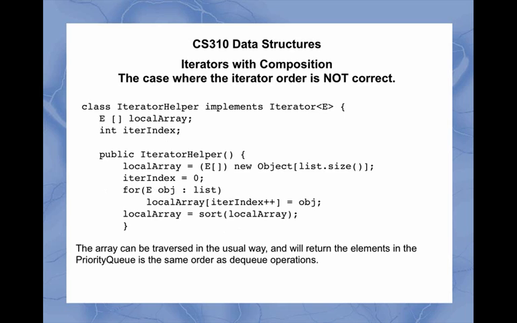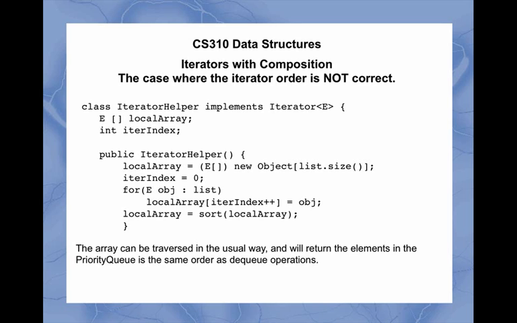Here's the constructor. We create a new array, and then we use the enhanced for each loop, which is part of the list iterator. And we use this to load our array. Then we sort it. So now the array can be traversed in the usual way.